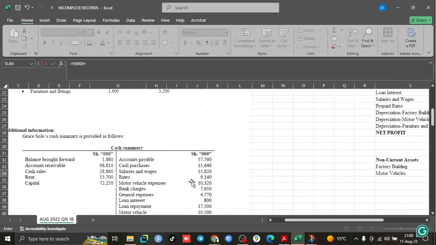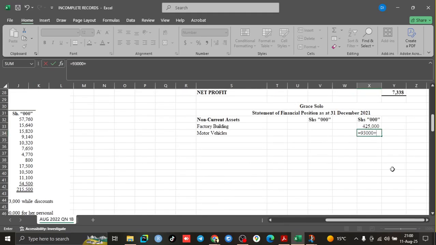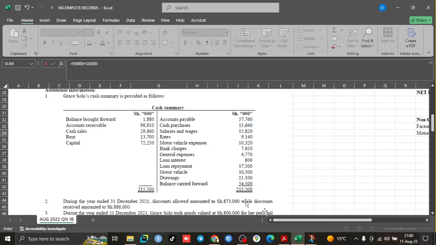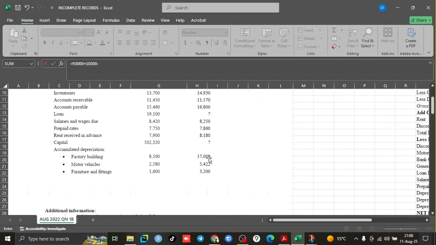How do we know the purchase of motor vehicle? From the cash summary, the purchase of motor vehicle of 10,500. So plus 10,500 minus the accumulated depreciation. We are going to use that of 2021 at the end, for motor vehicles, 5,422.